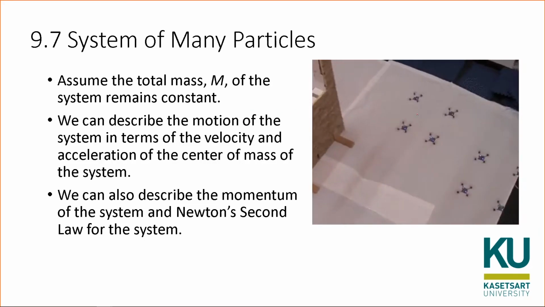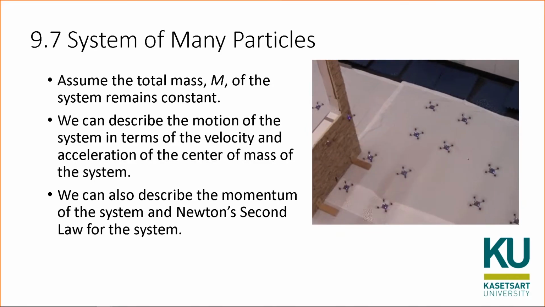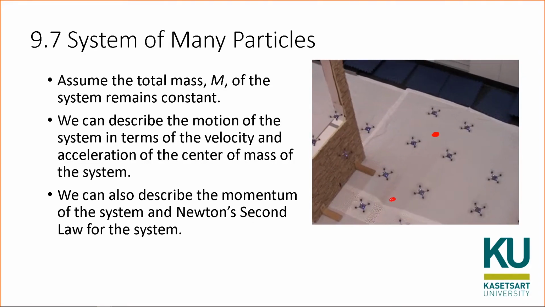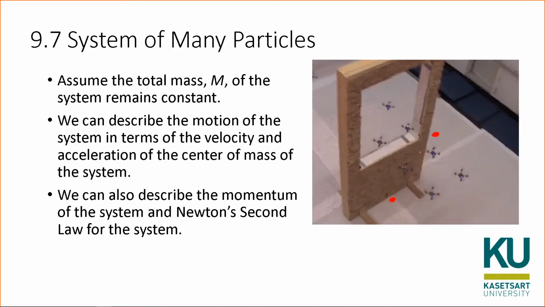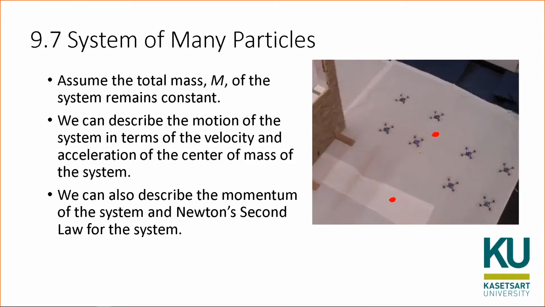So if you can determine, for example, this spot as the center of mass of the drones, you can determine how these 4 drones or the whole drone system move, with the velocity and acceleration.